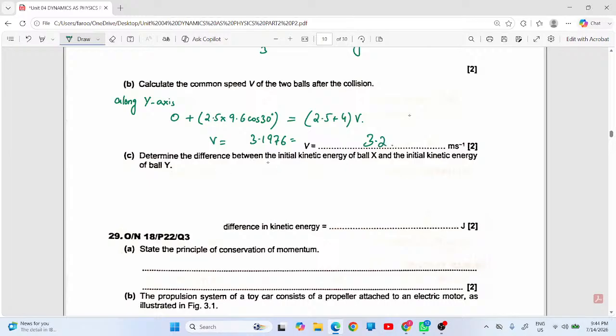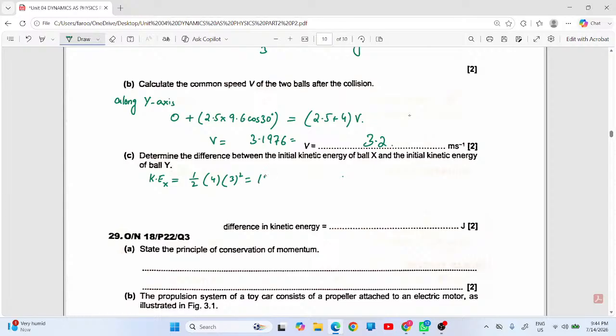Determine the difference between the initial kinetic energy of ball x and the initial kinetic energy of ball y. First we find the initial kinetic energy of x, which is half m v squared, half times 4 times 3 squared, that is 18.